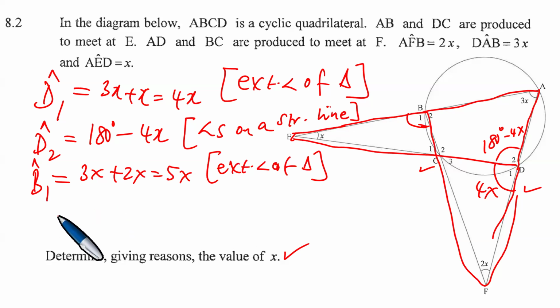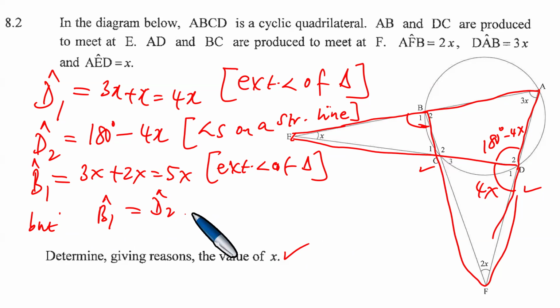But the angle B1 is equal to what? This angle B1 is actually equal to the angle D2. Why is this the case?